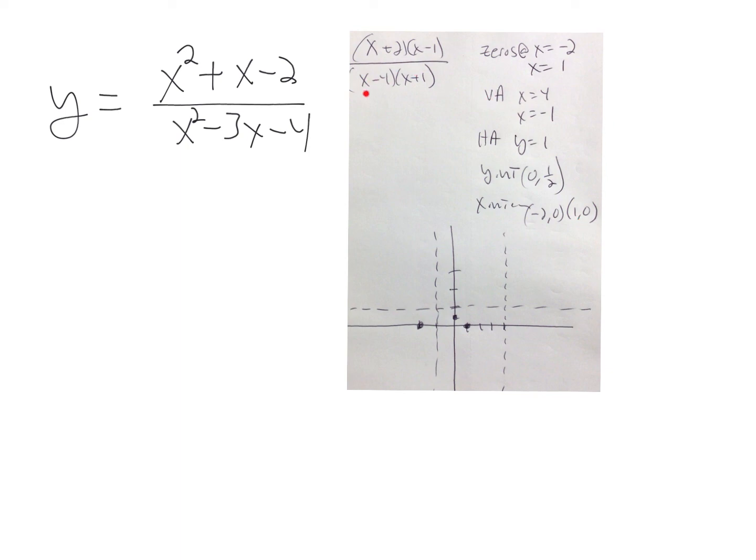Where the denominator is equal to 0 is where the vertical asymptotes happen. Same power, so horizontal asymptote is y equals 1. And then the y-intercept, I substituted in 0, and that gives -2 over -4, which is +1/2. And I guess that's all I can get out of it without doing any calculus.